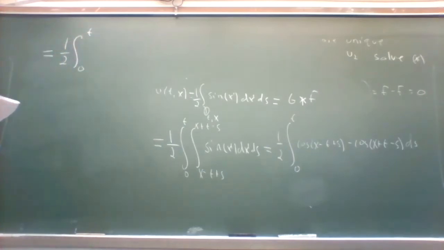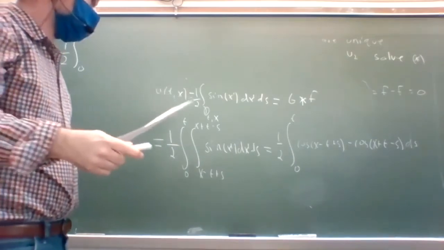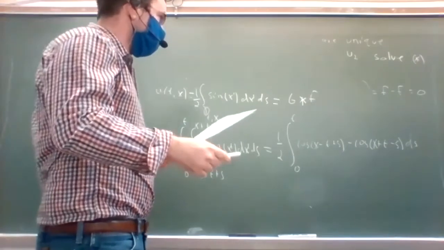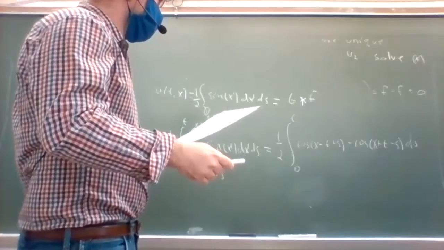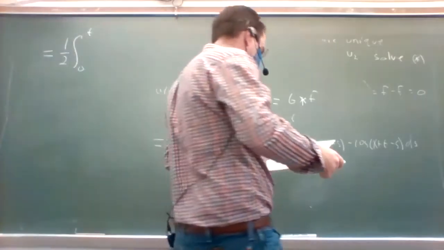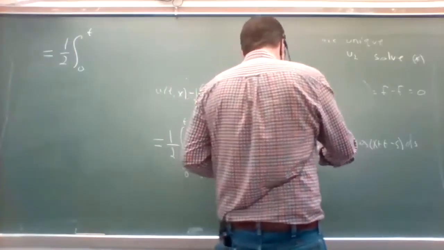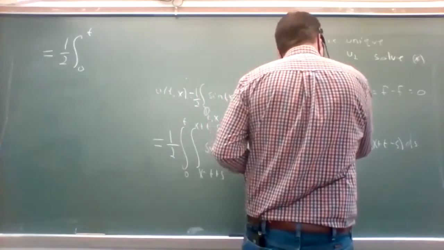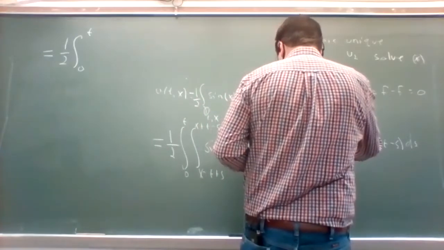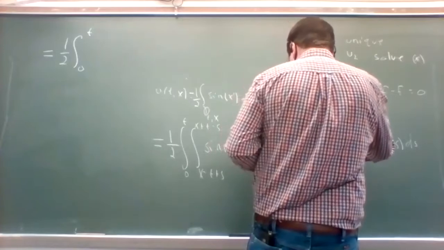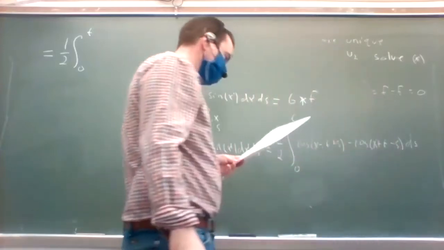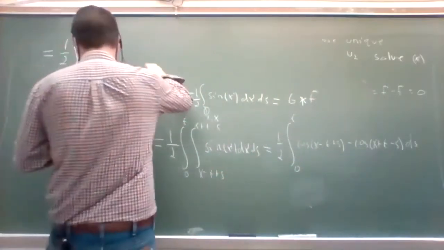And so, if you take cosine of a difference minus cosine of a sum, right? I'll go ahead and write down the formula.